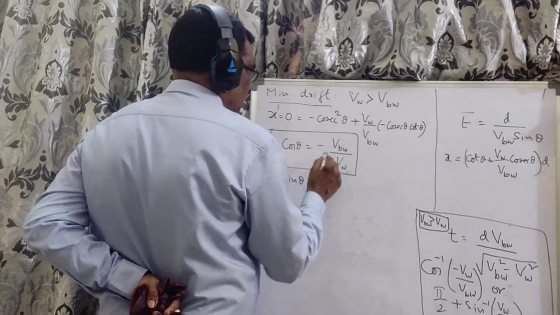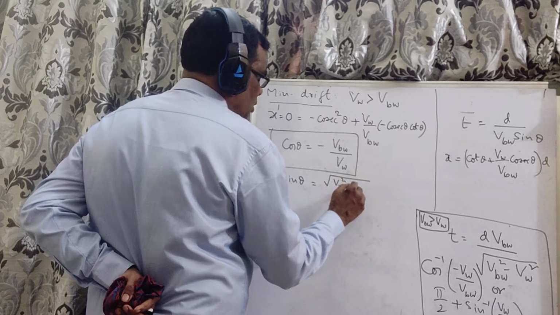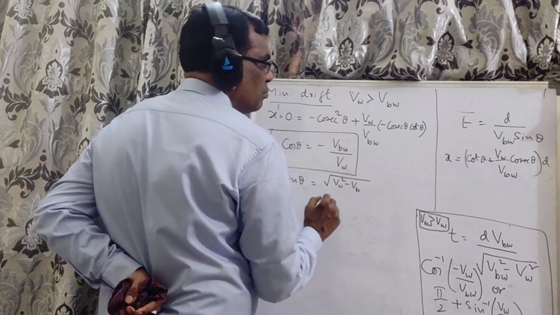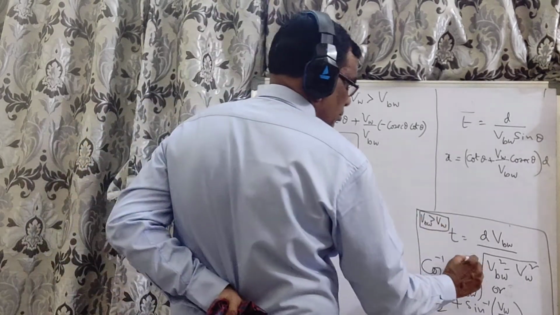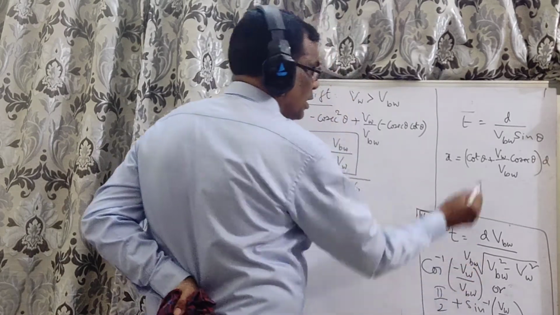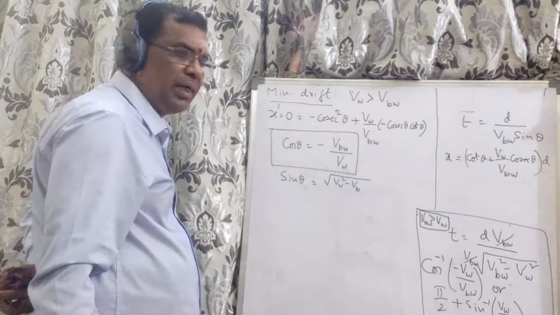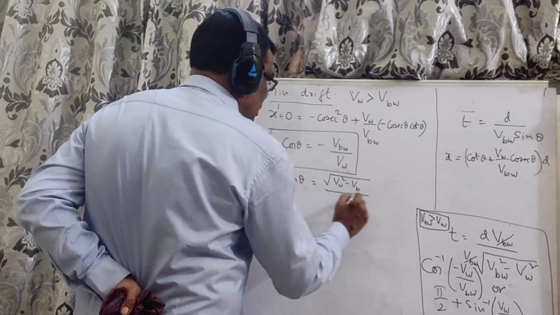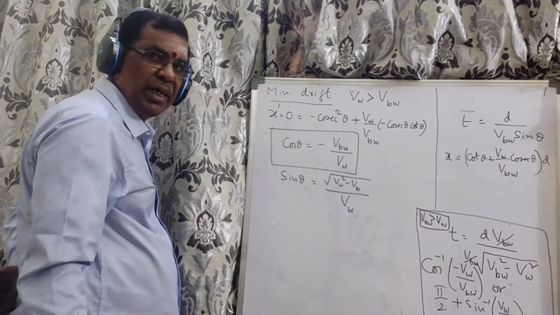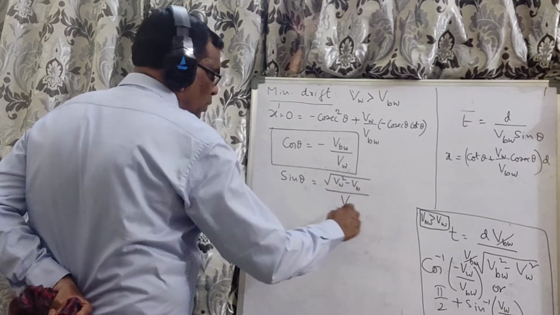This as we have done before. VW square minus VBW square, remember, there is VBW here. These two will get cancelled there. I hope you make the small correction whenever I do such things. Sin theta is this one.